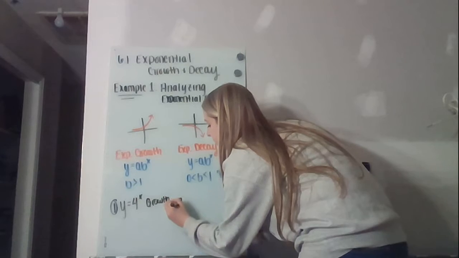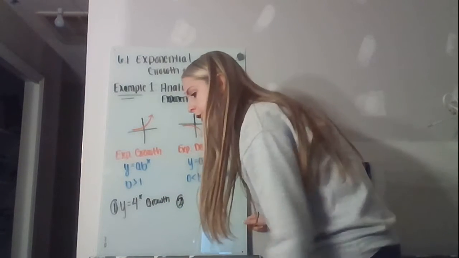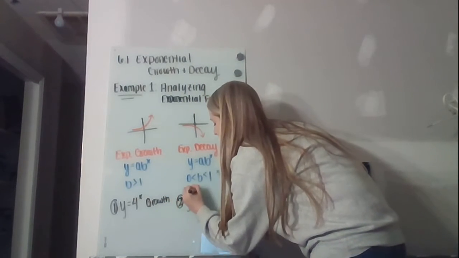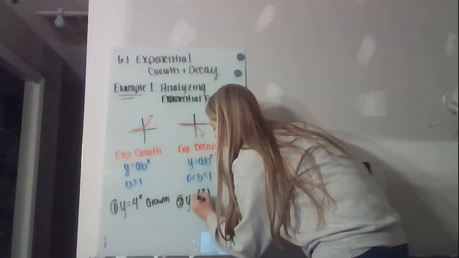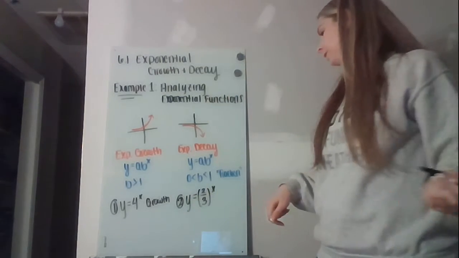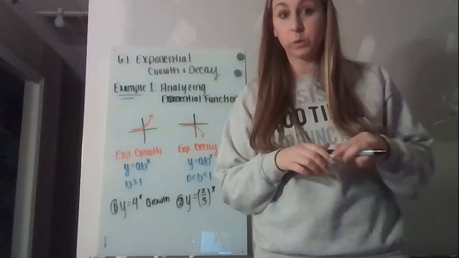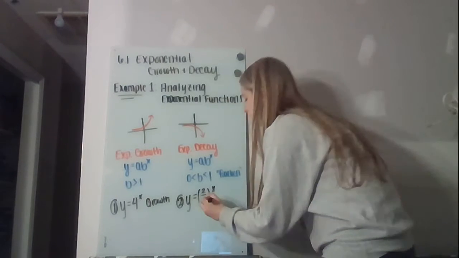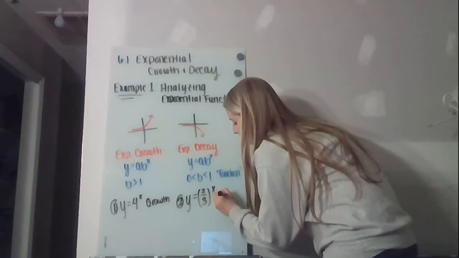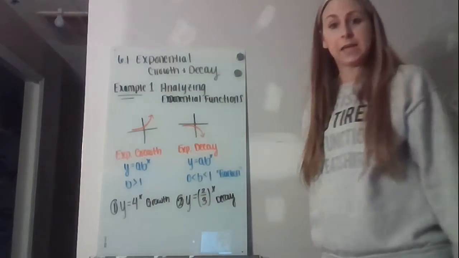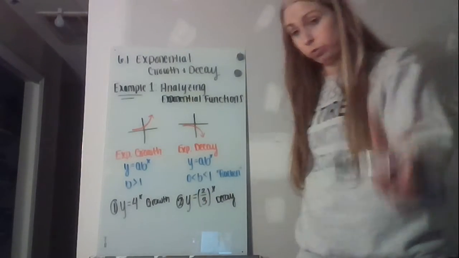And then we have number 2, which is y equals 2/3 to the x. Okay, 2/3 is a fraction that's between 0 and 1, so that is a decay. All right, let's do 2 more of those.